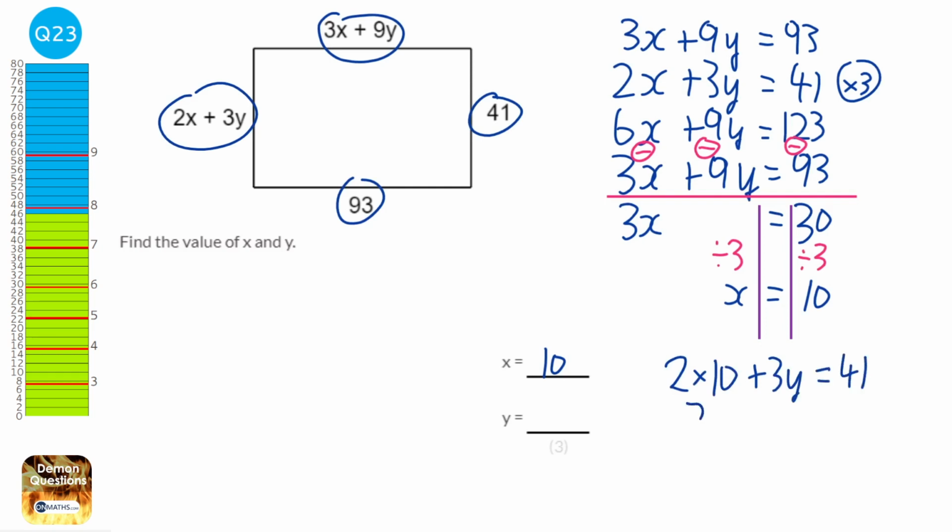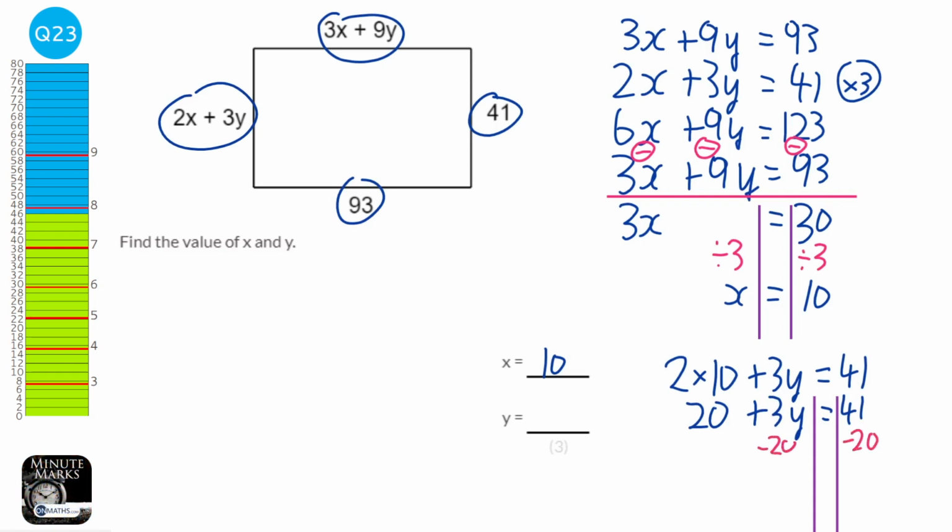So it would be 20 plus 3y equals 41. Get my solving lines in. And we're going to take away 20 both sides. So we've got 3y equals 21. And then we're going to divide by 3 both sides. So y equals 7. So we've got x equals 10, y equals 7.